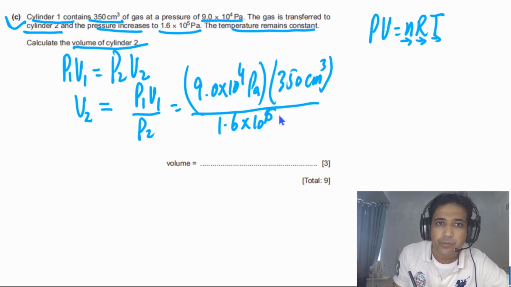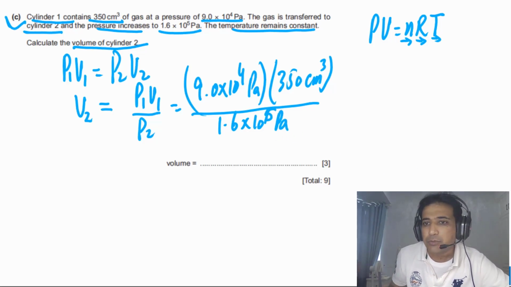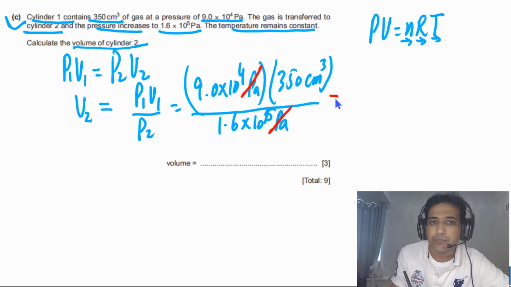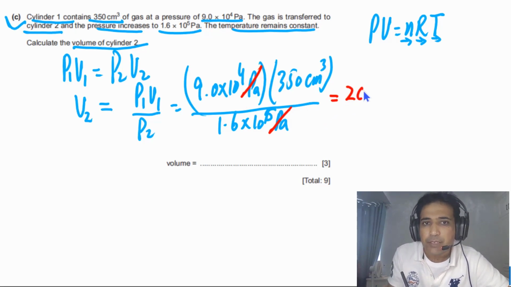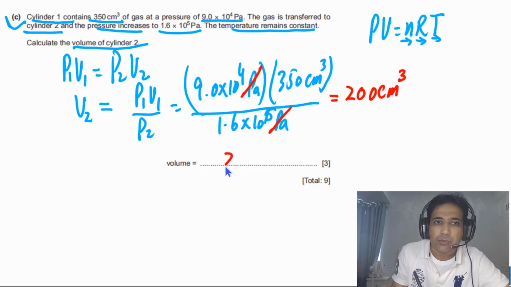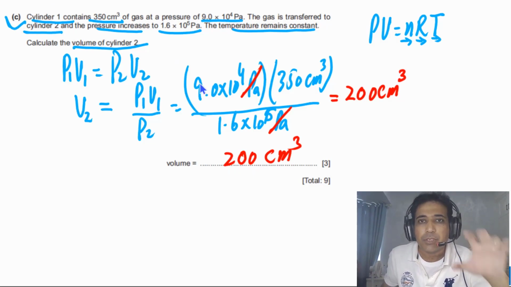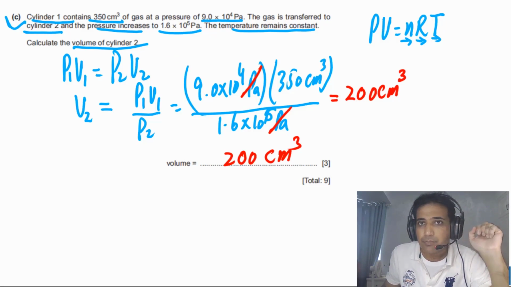Now if you look at the units, we can cancel pascals with pascals, so we are left with cubic centimeters. If we solve this, our final answer will be 200 cubic centimeters. This is how you can approach this type of problem. In this case, you need not convert units into meters.